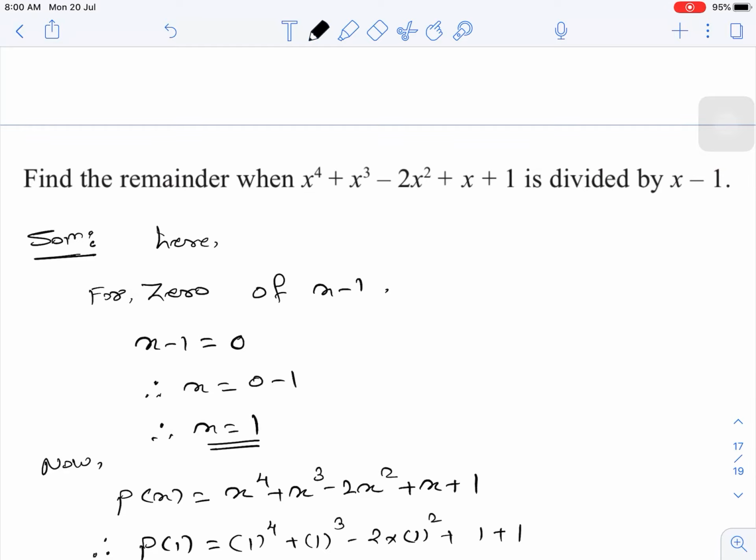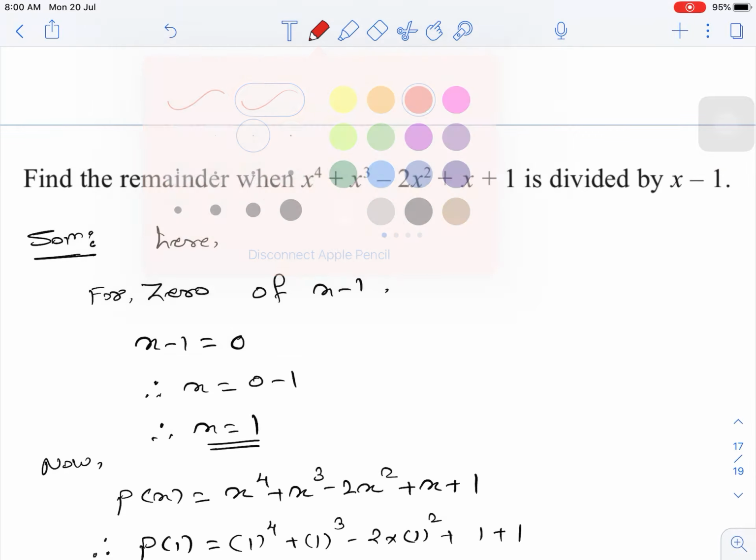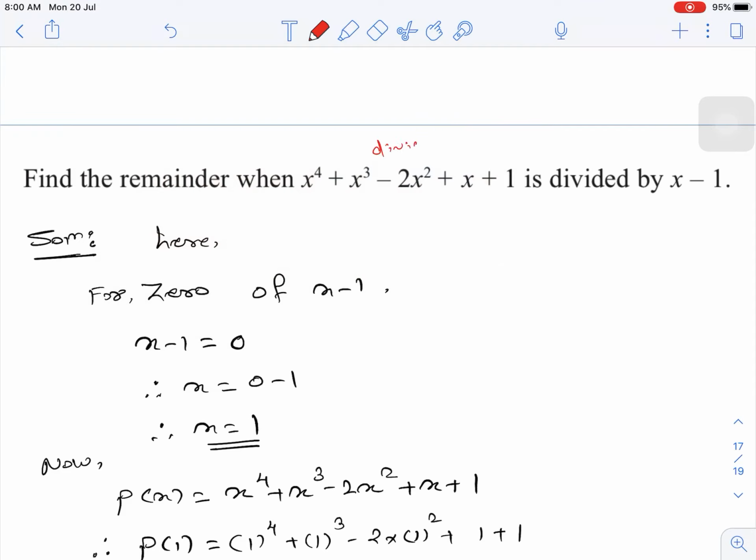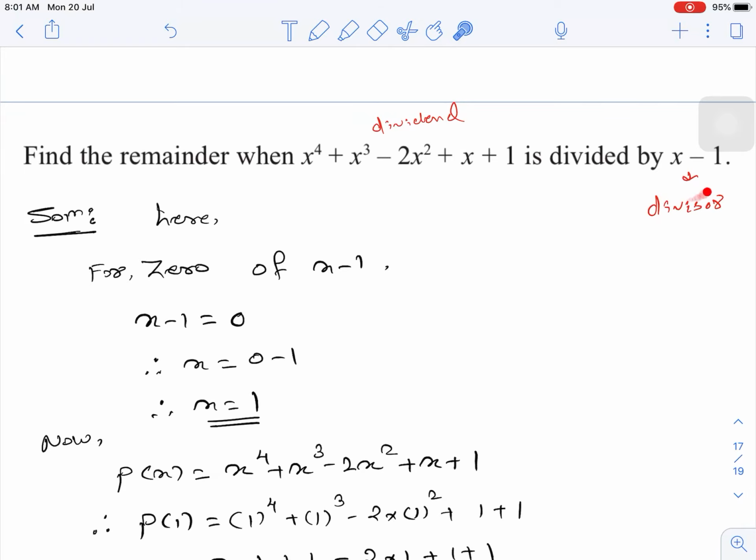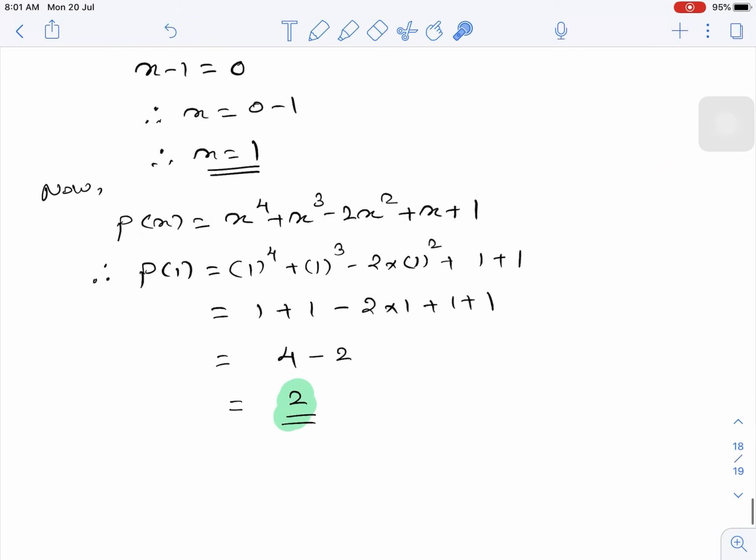Again I am telling, this one is our dividend and this one is our divisor. Now we will consider the divisor. First we are finding 0 of this divisor. After that we are putting the 0 of this divisor in this polynomial, and finally whatever answer we are getting, that is the remainder of the polynomial.